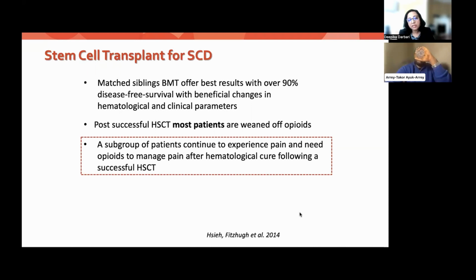But what we have seen in our experience is there is a small group of individuals who may have gone through a successful transplant, but they continue to experience pain. And the pain sometimes is so severe that they continue to need pain medications, including stronger ones, such as opioids, after they have been cured of their sickle cell disease.